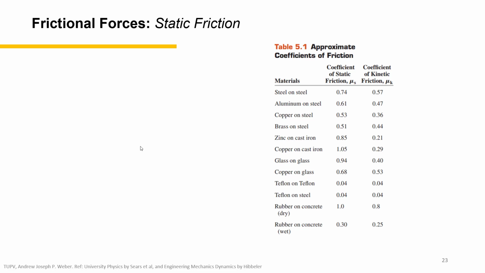So we can see that most of them are around 0.4, 0.3, but of course there are coefficients that are greater than 1. Examples are rubber on concrete, dry, and copper on cast iron. They are greater than 1.